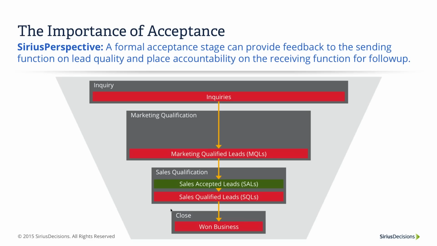And what's happening here is that sales is taking a lead from marketing, and they're not yet trying to determine whether or not it's the lead to enter the active sales cycle. All they're doing at the sales accepted lead stage is trying to determine whether or not that lead meets the lead criteria that they asked marketing for.